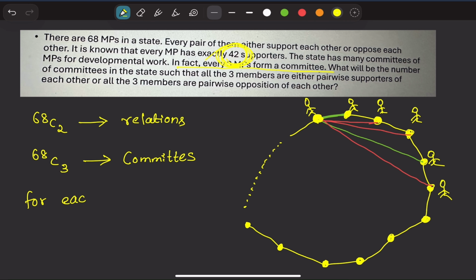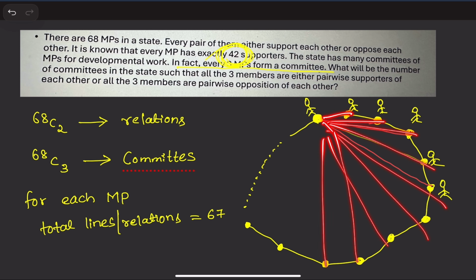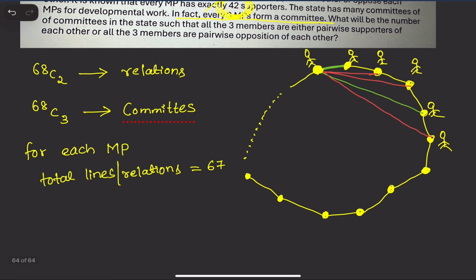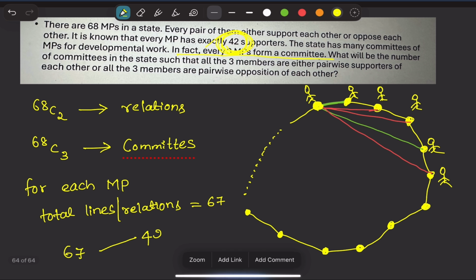For each MP, total lines, meaning total relations, is 67. So we will be drawing lines to all the other 67 MPs. All right. Now out of these 67, 42 are supporting lines. So 42 are green lines.